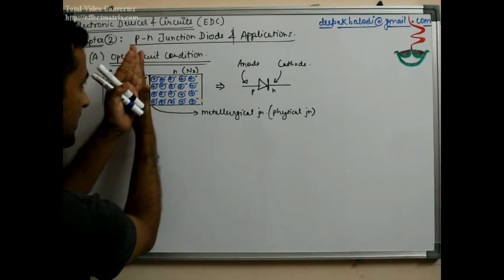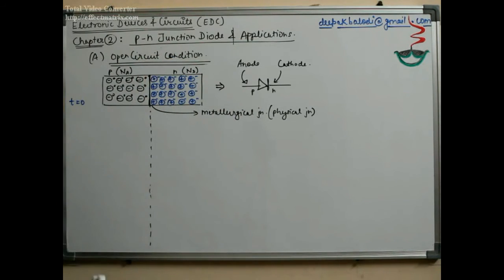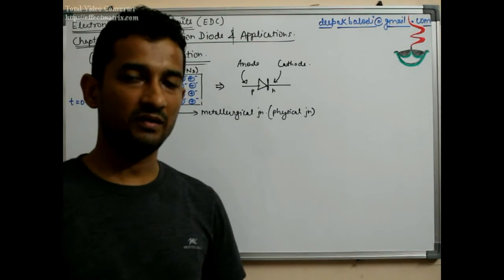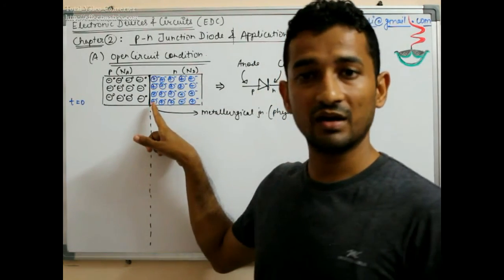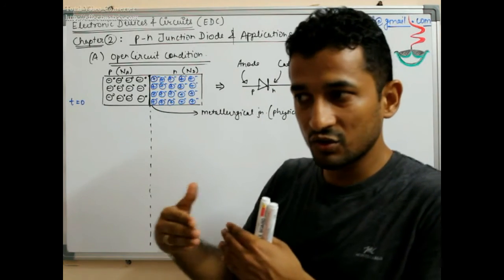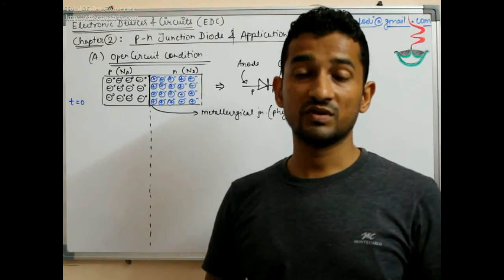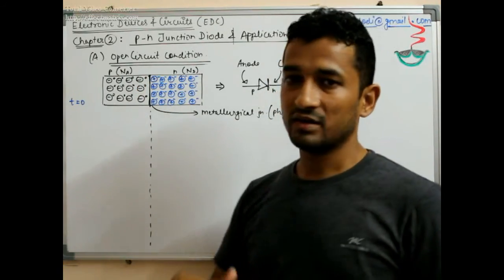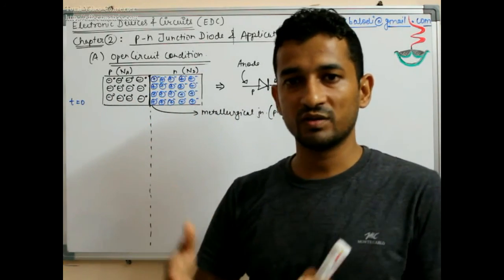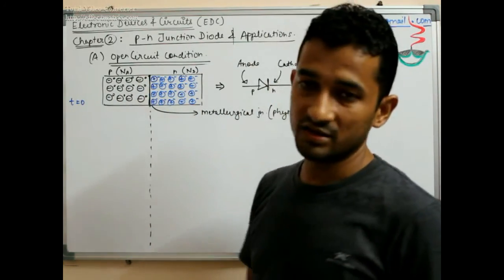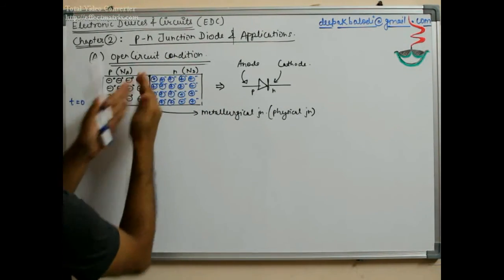This process will be mainly effective close to the metallurgical junction, because the diffusion effect will slowly grow and reach towards the bulk side of both sides. But at the starting t equals 0, it is effective only in very close proximity of the metallurgical junction. Very soon one hole will get a counterpart here, and they will combine and cancel out their existence.